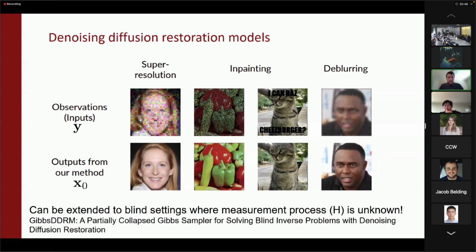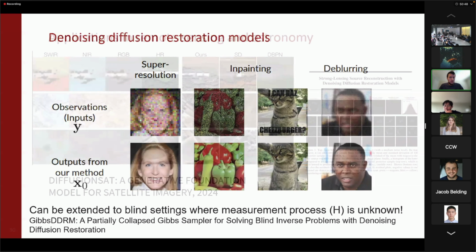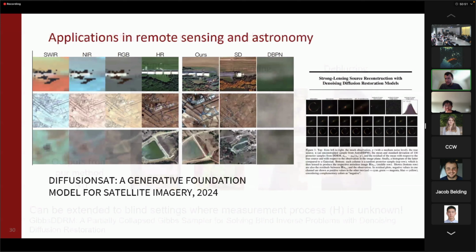And there are interesting applications of this also in the sciences. There have been applications of this technique called DDRM, the denoising diffusion restoration models that I just talked about, in astronomy. We are looking into applications in remote sensing. I do a lot of work on satellite images, and it turns out you can use these techniques to reconstruct high-resolution satellite images from infrared measurements from satellites, or low-resolution RGB measurements from satellites.